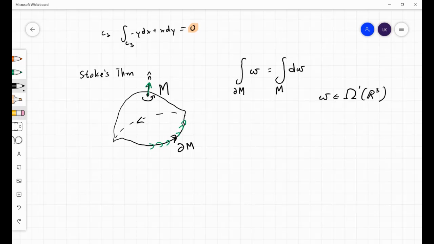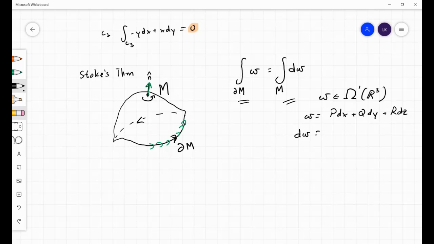So it's a work integral, right? This is a work integral. So it'll be a one form. And the exterior derivative is going to turn out to be the curl.